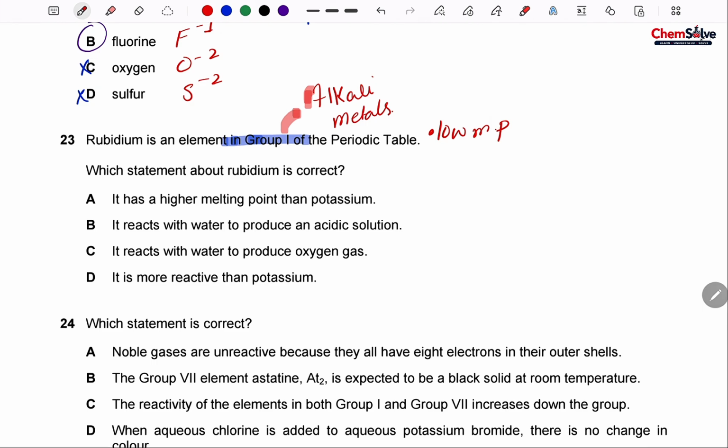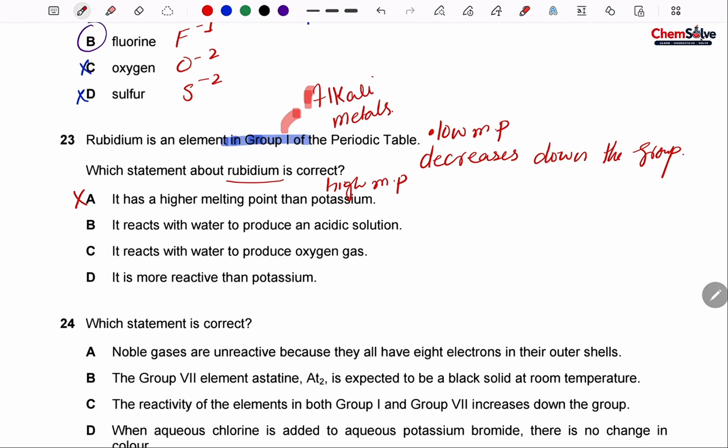Okay, and these melting points decrease down the group. Rubidium is below potassium. So potassium would have the higher melting point and rubidium would have the lower. So this statement is incorrect.